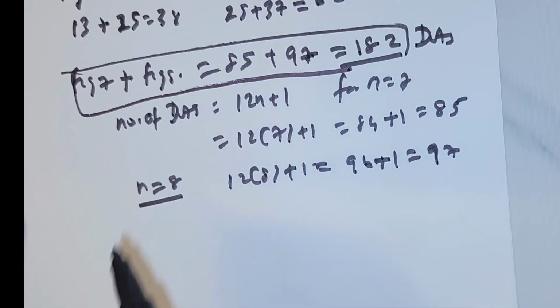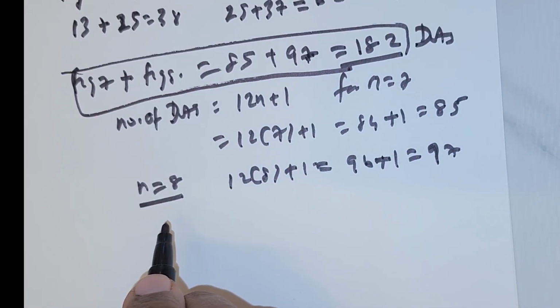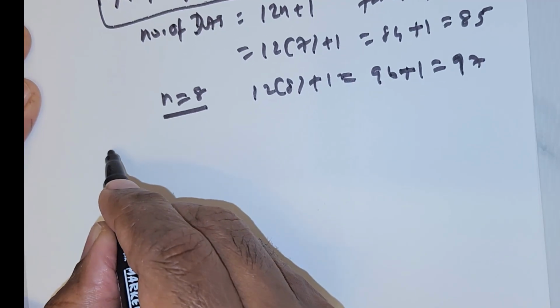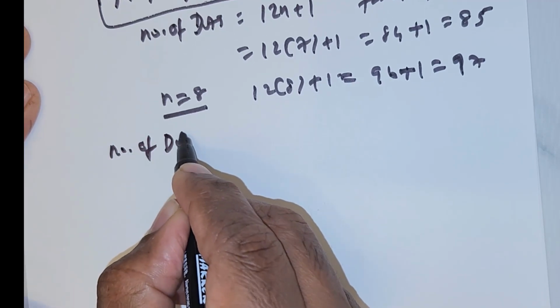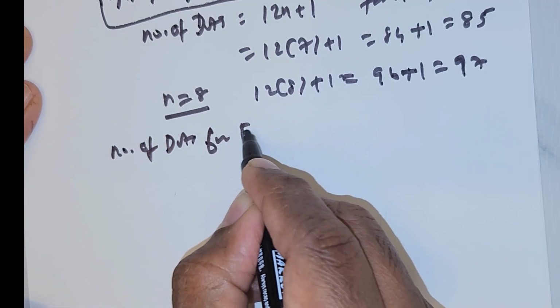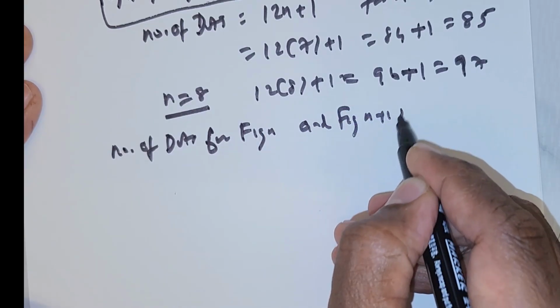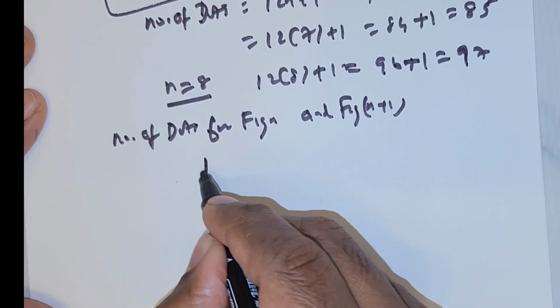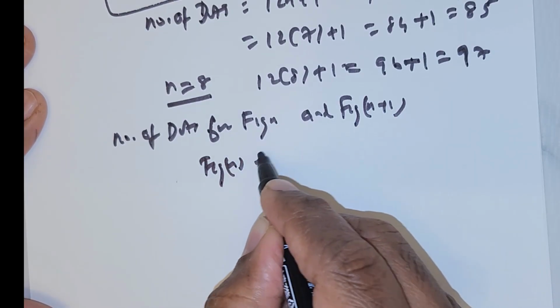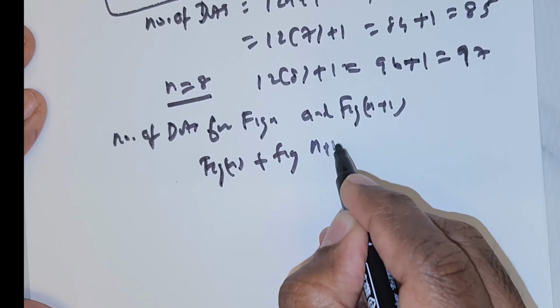Okay, now we are also asked to find the number of dots for figure n and figure n positive 1. So what is this? This is figure n added with figure n positive 1.